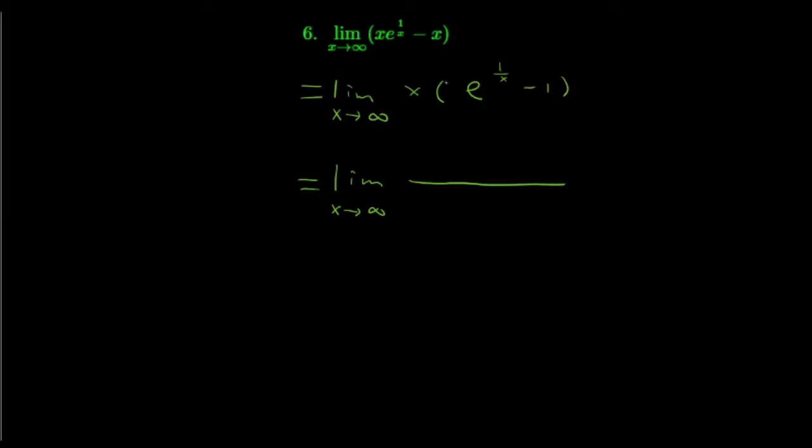If I leave the function in the brackets as the numerator, what would be the denominator if we convert the function to a quotient? Just tell me what should be the denominator here. Here you have x. 1 by x. Yeah, 1 by x, 1 over x is the same thing.